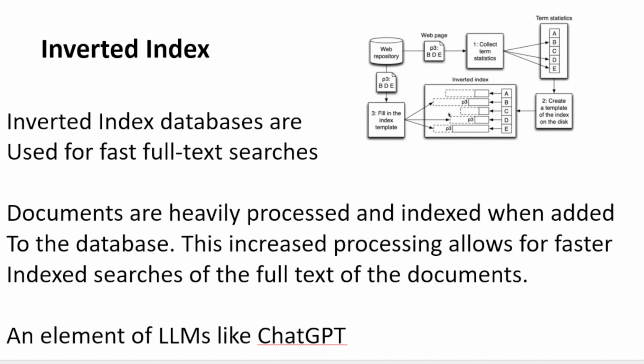That's the power behind something like ChatGPT: it can very quickly search all this information on the internet for you, and not only just find it like Google did when Google came up with their algorithms, but read it and understand what's behind it. So that's the inverted index, and we're going to see the inverted index is part of the document databases when we get there.